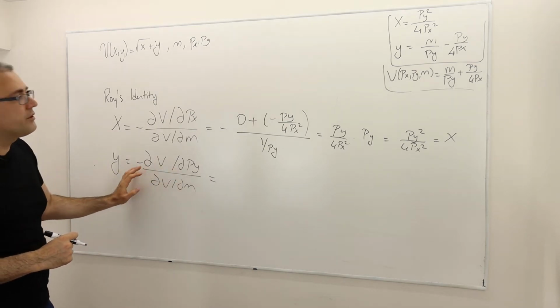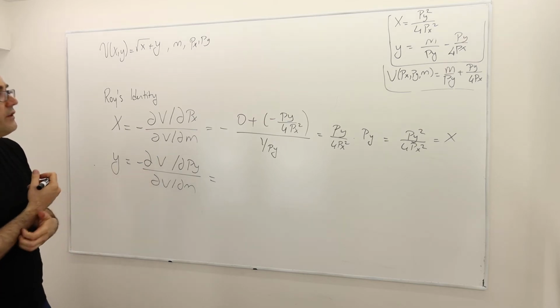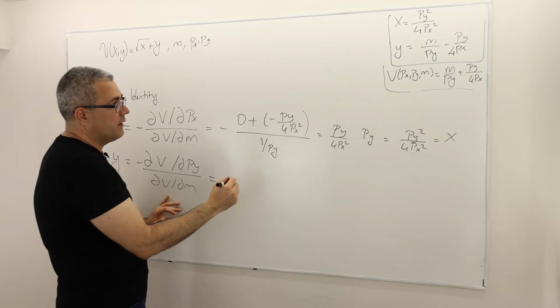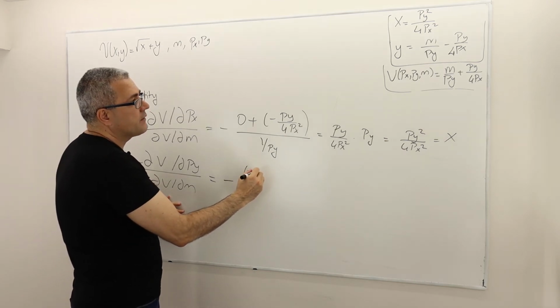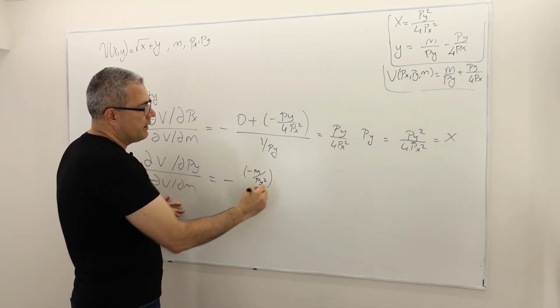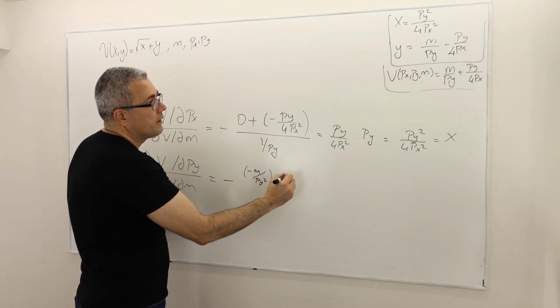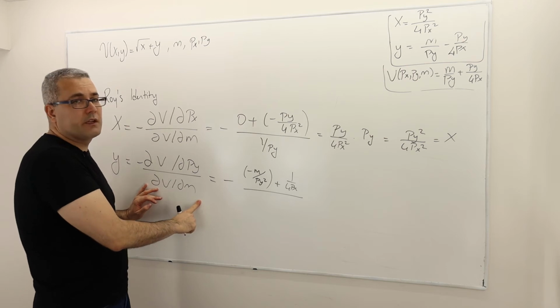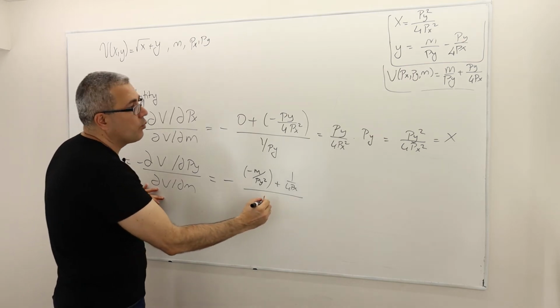All right. Well, what about verifying the Roy's identity for good y? Well, what is the partial derivative of the indirect utility function with respect to Py? Well, it's equal to, don't forget the minus sign, minus M divided by Py squared plus 1 over 4Px, divided by the partial derivative with respect to M, which is just 1 over Py.